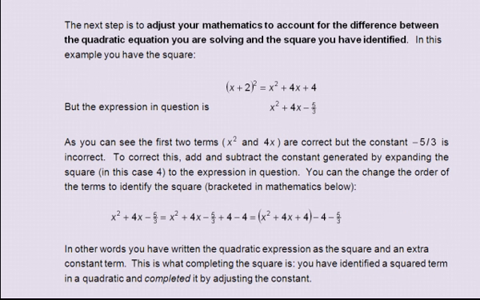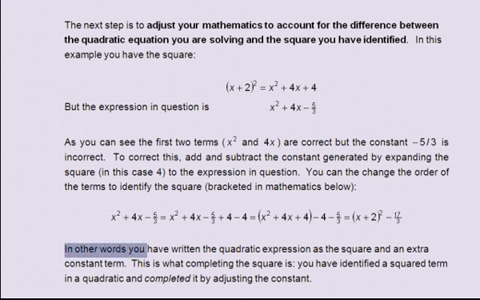Now reorder the terms to give the square x squared plus 4x plus 4. Finally, write the bracketed term as the actual square, x plus 2 squared, and combine the minus 4 and the minus 5 over 3 to give minus 17 over 3.